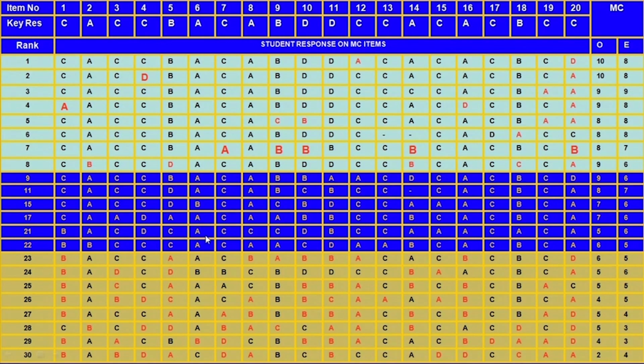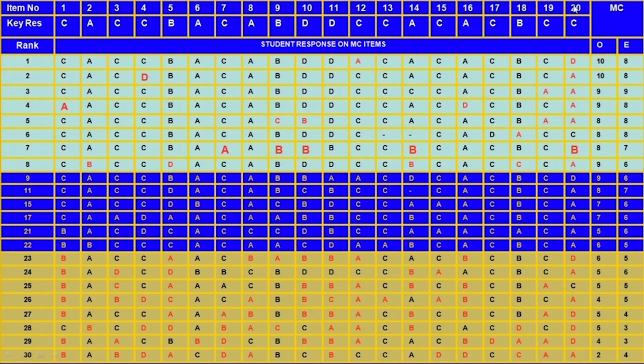But let us look at this. From this table we will be able to work out all the major characteristics of a test item. This table shows that there are 20 multiple choice questions, 1 to 20.